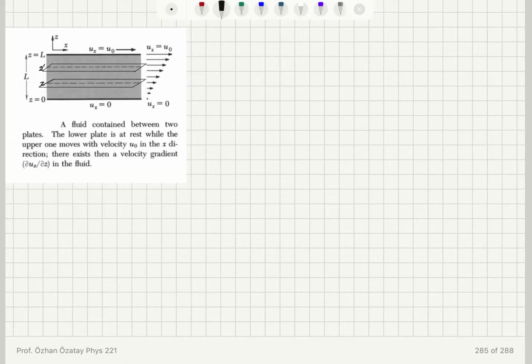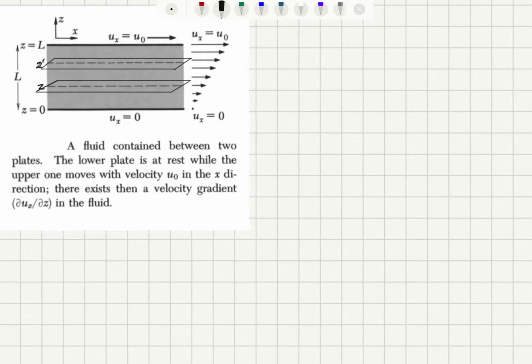speed of the fluid, so that at the bottom level the fluid is in touch with the ground, so it's not moving. The tangential speed ux is equal to 0.